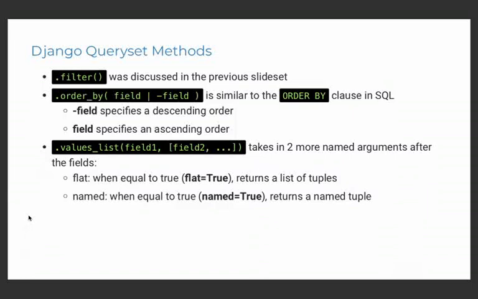So the flat argument tells Django to return a list of tuples, basically a pair of values. Or if it's a named tuple, so basically when you return a list of tuples, it will be a tuple of all the values that you want.